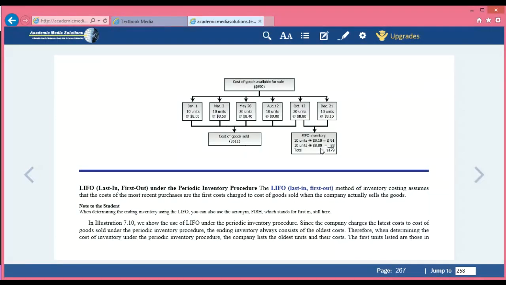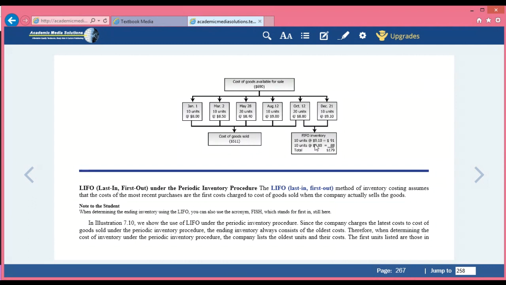So your ending inventory all ends up being at the back. They are your newest items. Okay, so first in, first out. Inventory is your last items. What's sold is your cost of goods sold. First in are the first things that are sold. So there's your cost of goods sold. What's left then is your ending inventory.